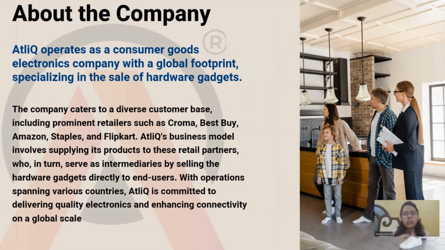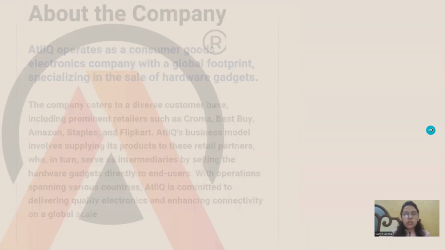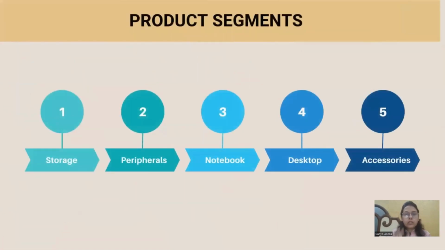But the important thing to understand about the business is that they sell these products to different companies, which are customers for them, and not to us. So let us understand their business model first. These are the different product segments which they cater: storage, peripherals, notebook, desktop, accessories.